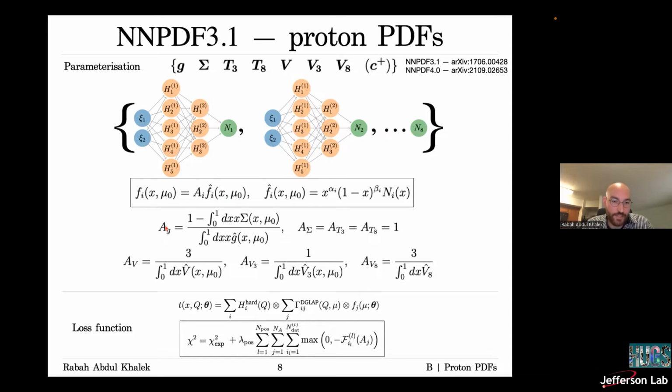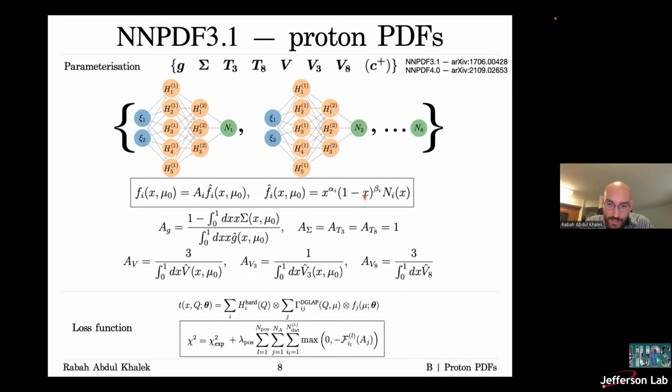You impose this by adding a normalization factor to your neural network, f hat i, which is here, and you ensure that it always satisfies the sum rule. There are also other sum rules, like the number sum rule. You always need to reconstruct the proton quantum numbers, for example, electric charge of +1, having 2 u and 1 d, and you can impose these the same way you impose the momentum sum rule.